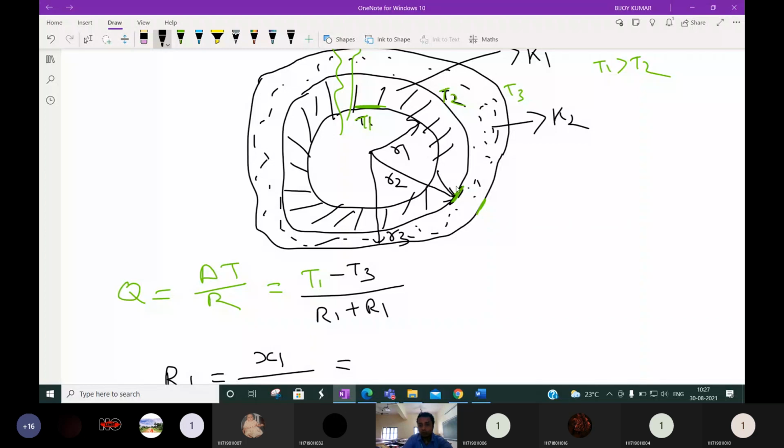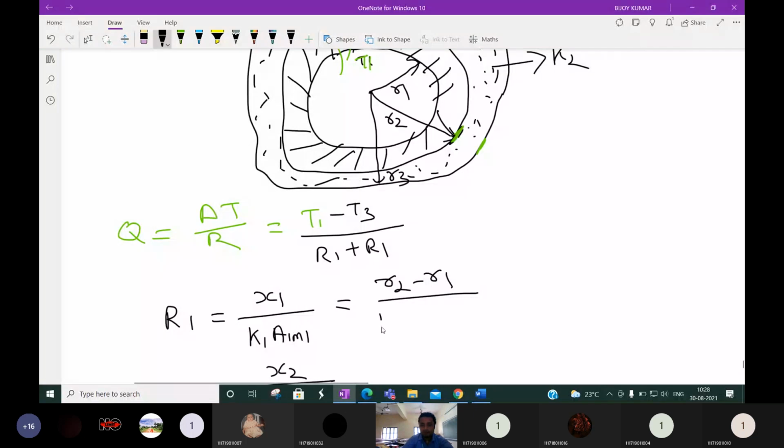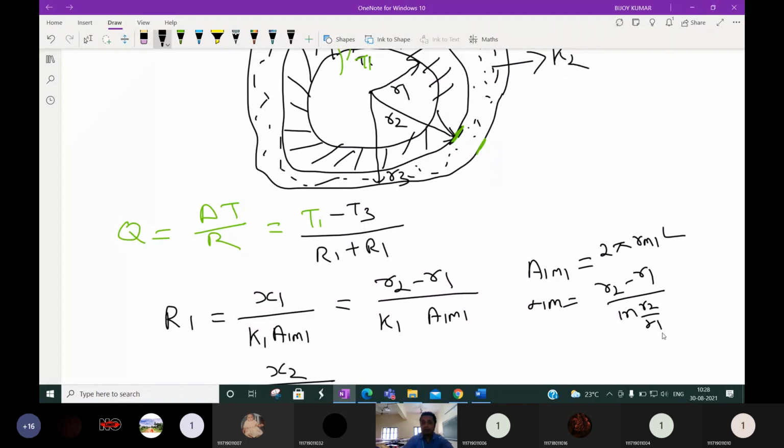The outer radius is R2, inner radius is R1, so the thickness of the cylinder will be R2 minus R1. Then K1, then ALM1. ALM1 is nothing but 2 pi RLM into L.